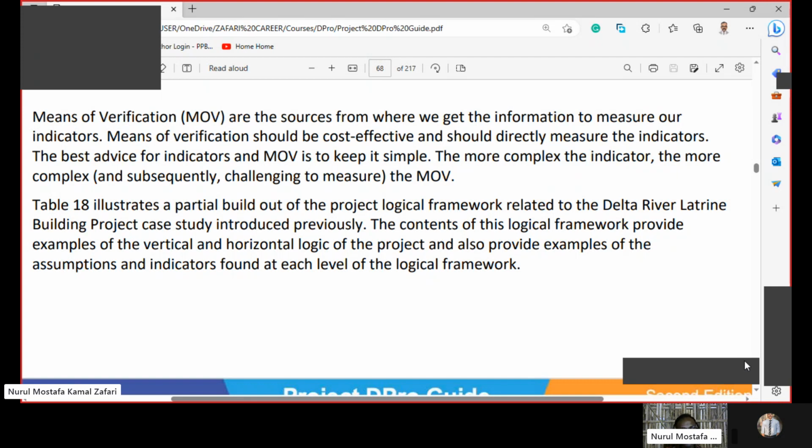So as the means of verifications are the reference to the indicators, if we can make the indicators smart, the means of verification shall be simple.